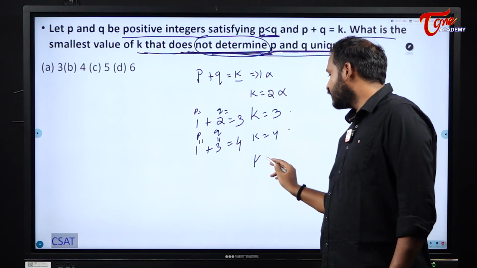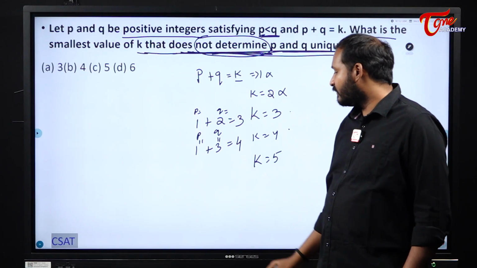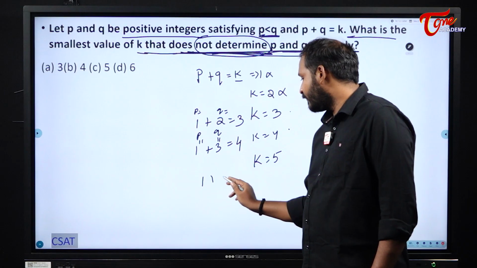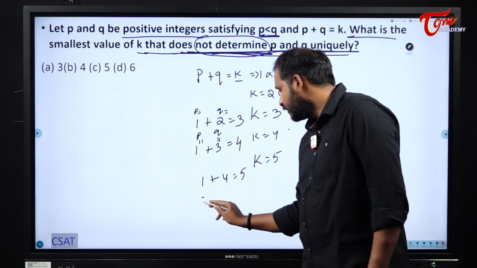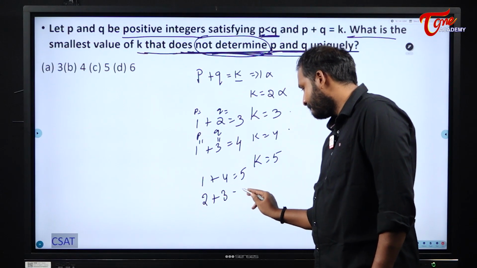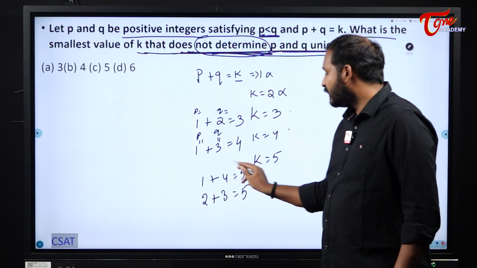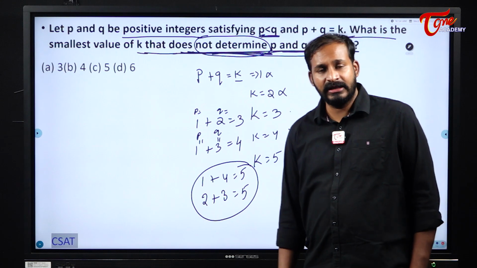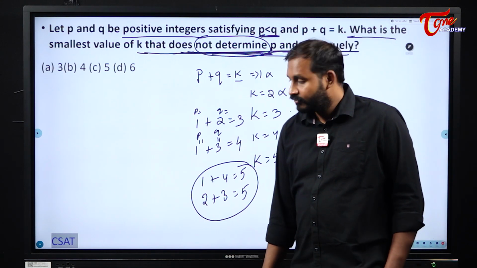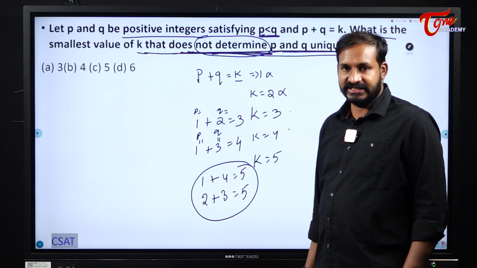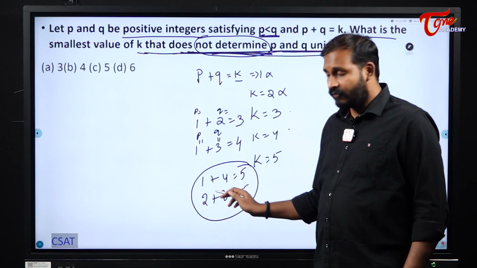If I take k value as 5, what are the values I can take? I can take 1 plus 4 as 5, or I can take 2 plus 3 as 5. So here, are the values of p and q unique? No. p and q have multiple chances here. p and q can be 1 and 4 or 2 and 3.